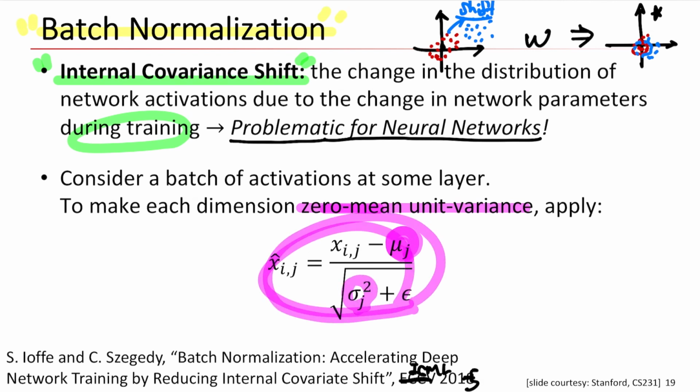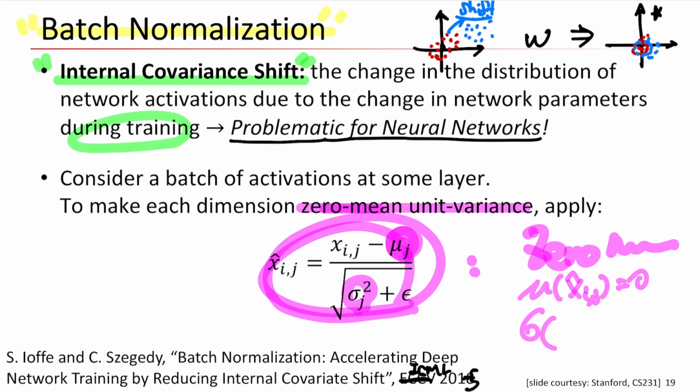By applying this, we can make the mean zero and the variance, sigma squared, 1. Okay, zero mean and unit variance, right? By using this concept, we can solve the internal covariate shift problem.